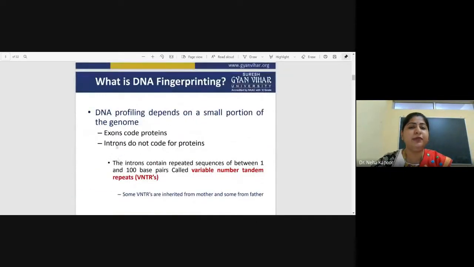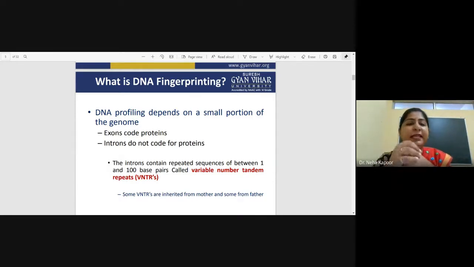Now, DNA profiling depends upon a small portion of the genome. As we know, the genome of eukaryotes contains exons and introns. Exons code for proteins, and introns do not code for any proteins.